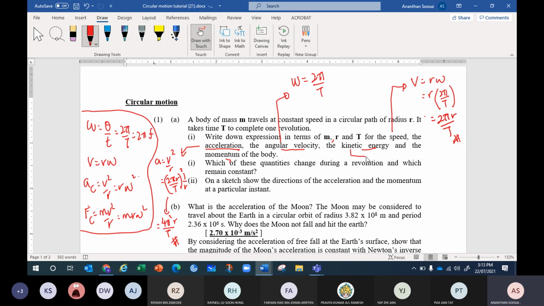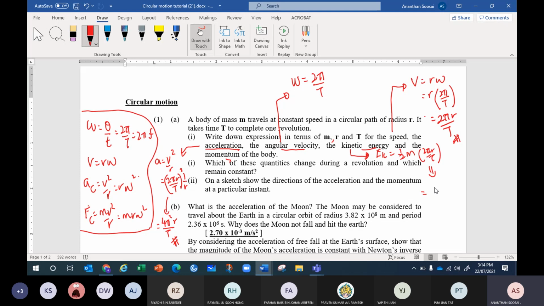Kinetic energy. What formula can you give? Ek is equal to what? Half m v squared, but v is what? v we know is 2 pi r over t, so just substitute 2 pi r over the period. So you get, 2 cancels.